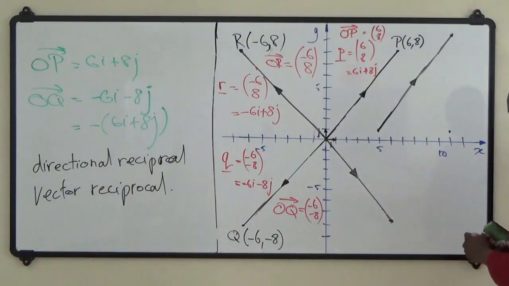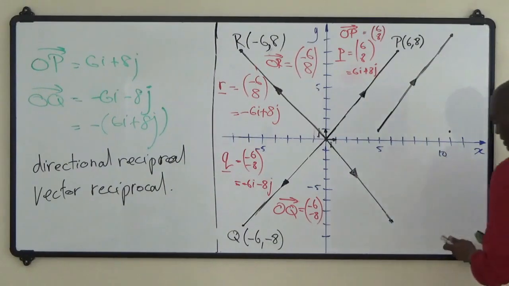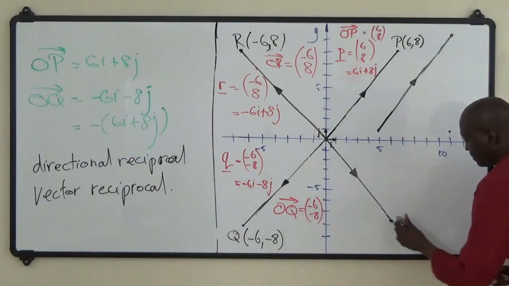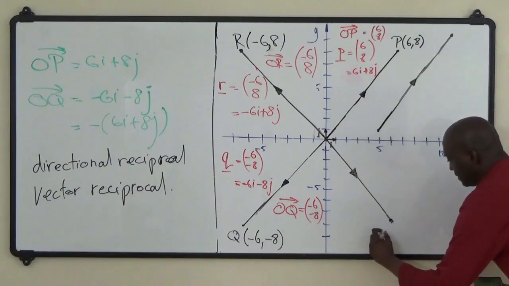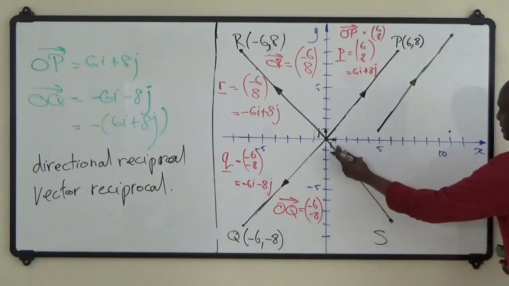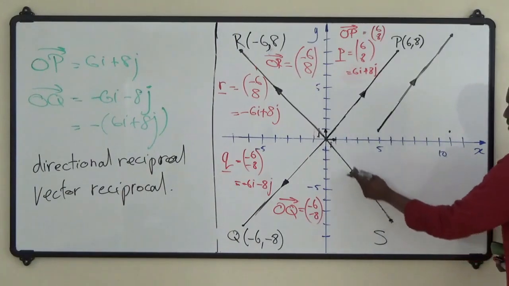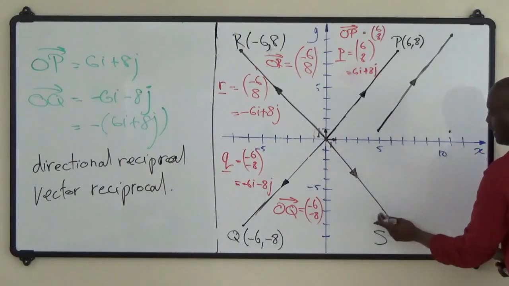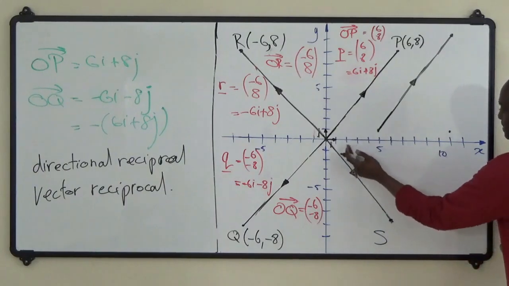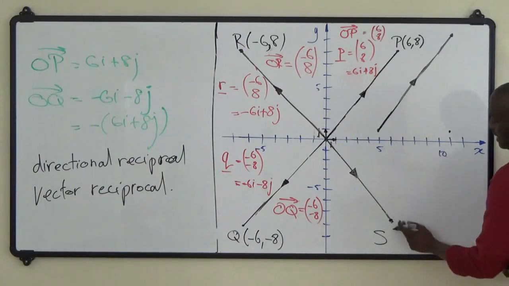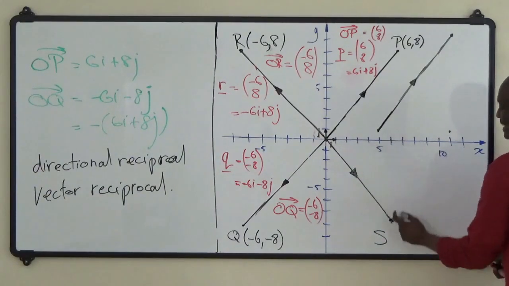We come down here now. PQRS. So this is the point S. In this case, the horizontal component of the vector OS is 6 across, and then the vertical component is 8 down.